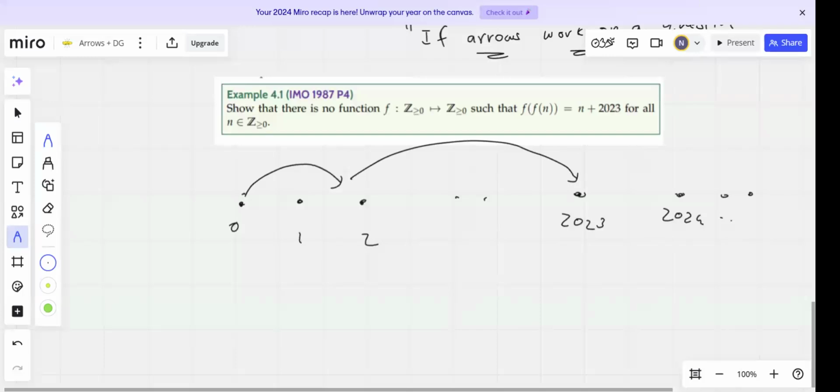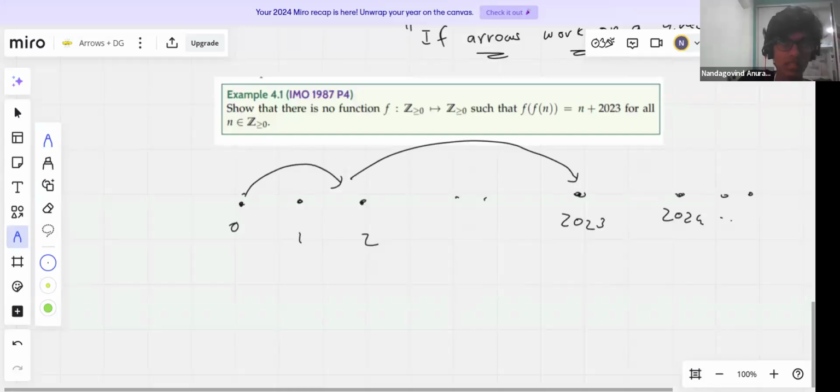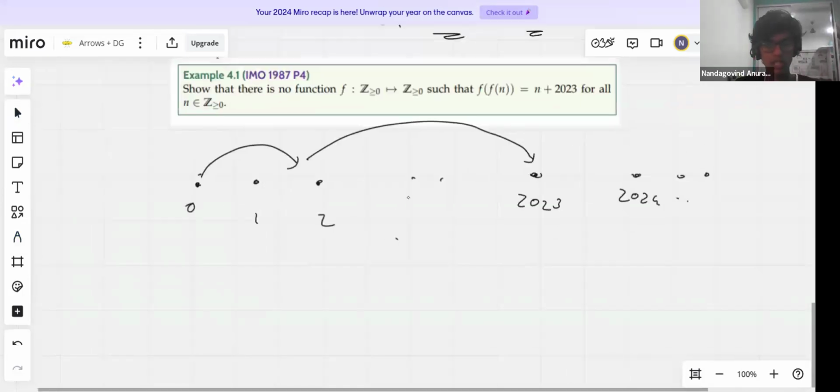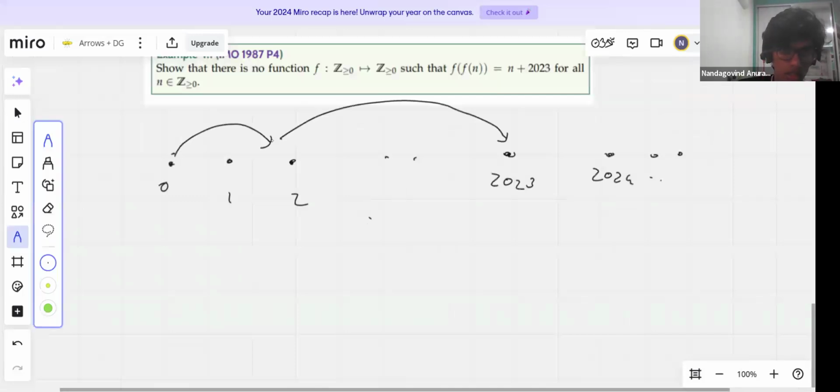Yeah. Okay, so now let's try our FE manipulation to see if we can get any further information about these arrows specifically. So what I particularly want is info on f of n.